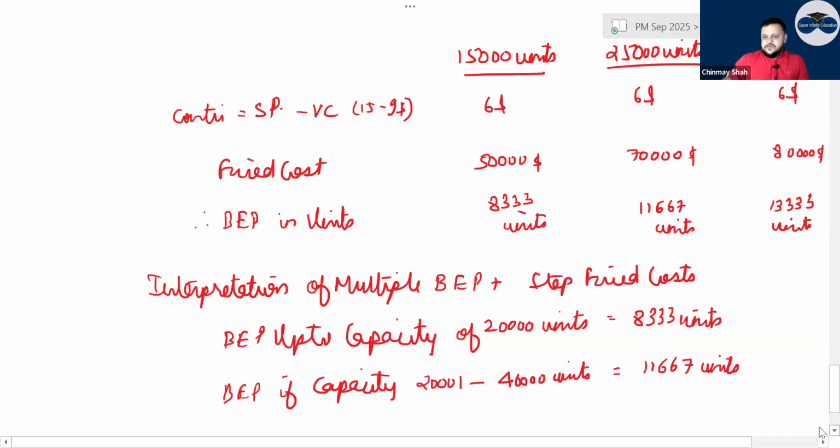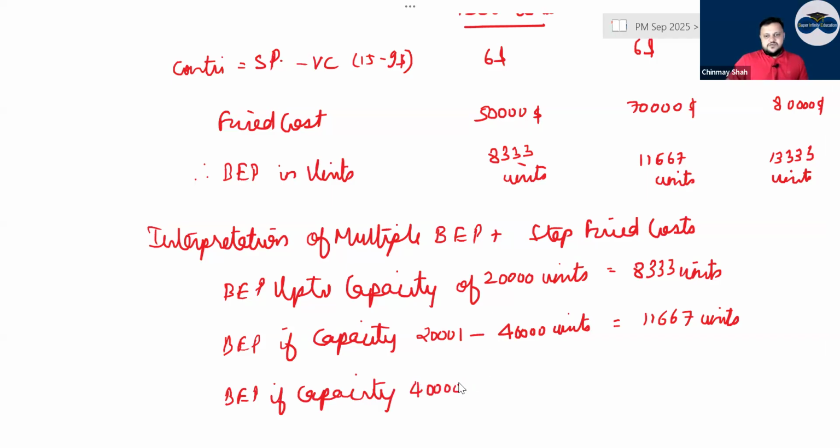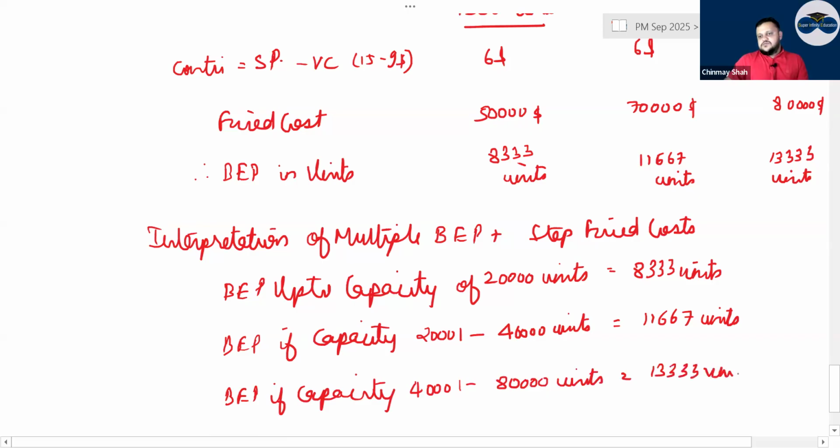And last, 40,001 to 80,000 units. Multiple BEPs. How much? 13,333 units.